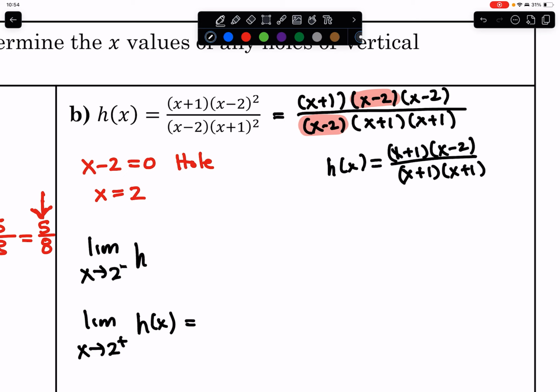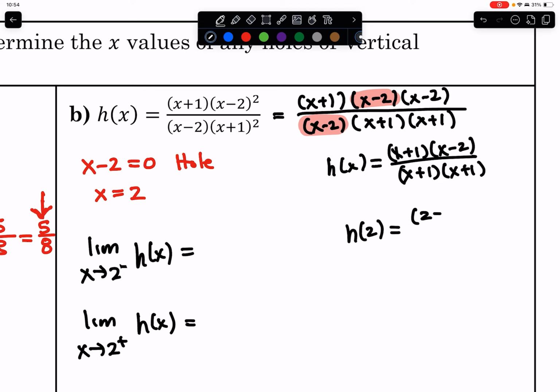So now that I filled in that hole, the limit as we approach this hole is going to equal a y value, and to find that y value, we're simply going to plug this 2 into my function, having taken out and filled in that hole. So we're going to figure out what h of 2 equals.